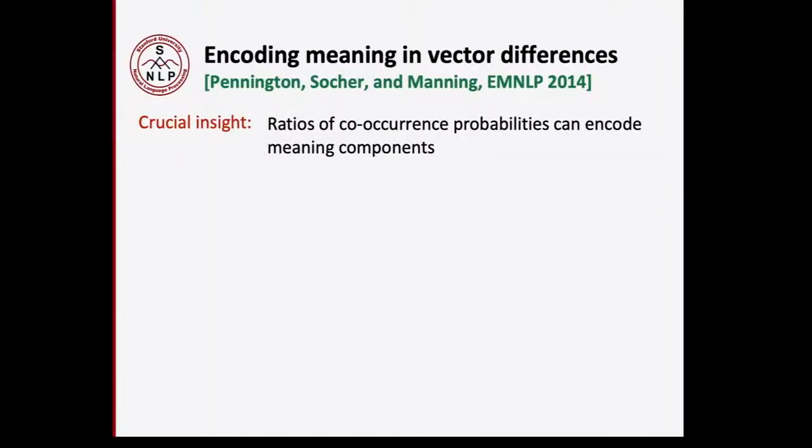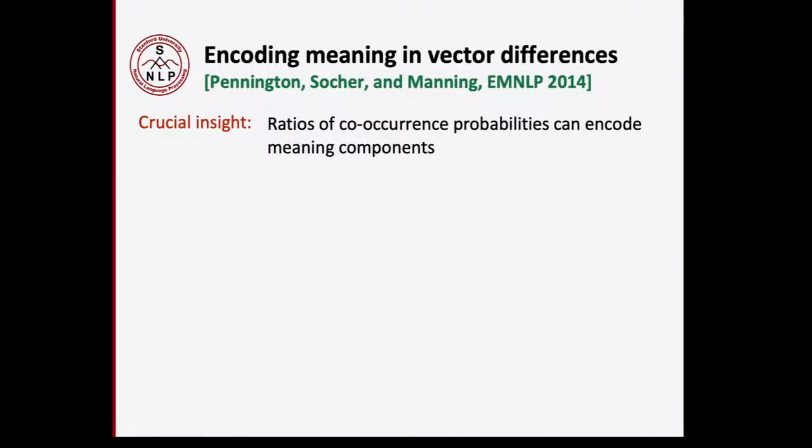So this led into the work that Jeffrey Pennington, Richard Socher, and I did, asking whether we can combine these ideas, and have some of the goodness of the neural net methods while trying to do things with some kind of count matrix.